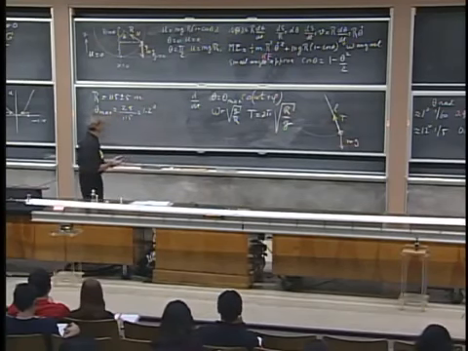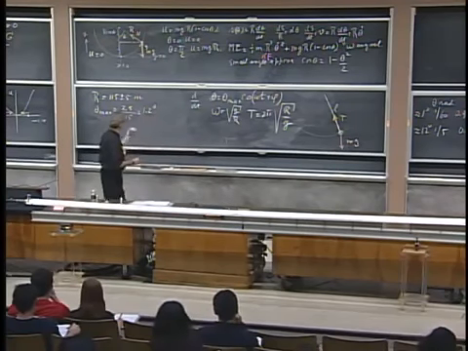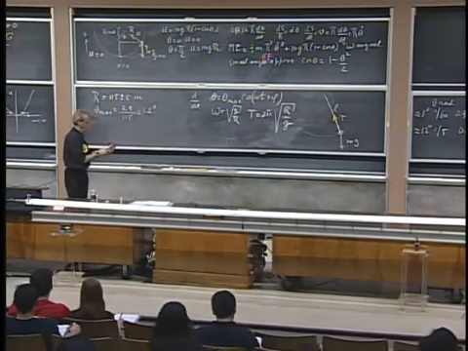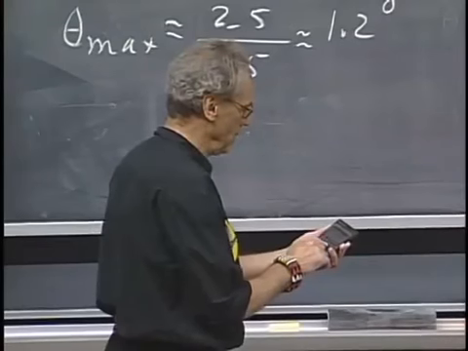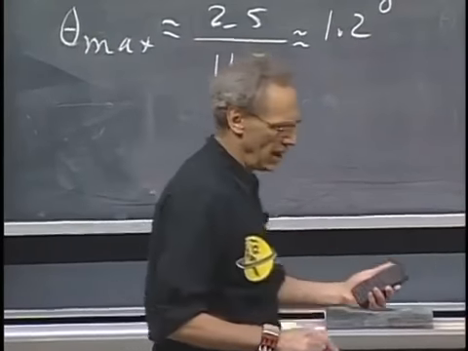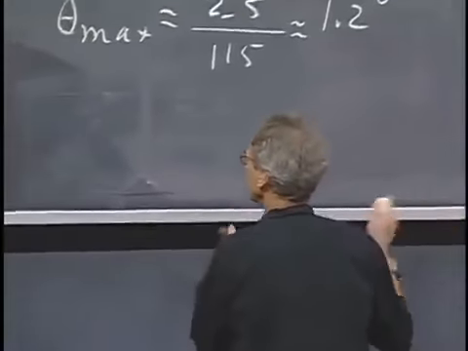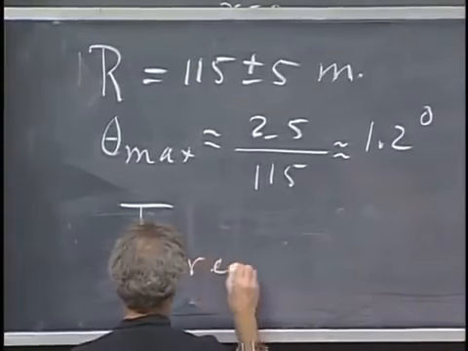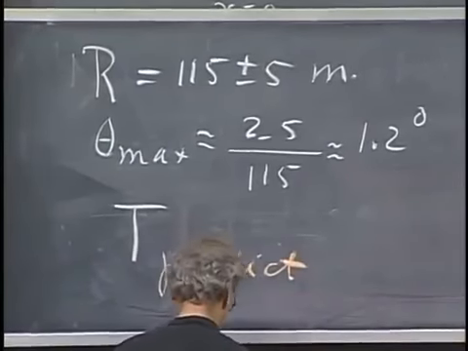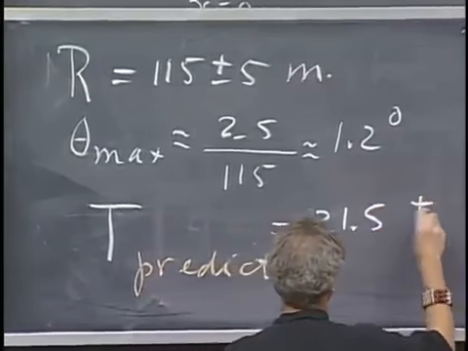And I'm going to do that. I take 2 pi times the square root of r over g, and r is 115. I divide it by g. I take the square root, I multiply by 2, I multiply by pi, and I get 21.5. This is a prediction: T equals 21.5.